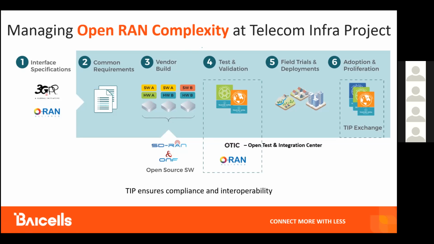The TIP organization sees the ORAN life cycle in 6 phases. The first phase is the interface specification, which is the focus of the 3GPP standards body and the ORAN Alliance. And the second phase would be to create common requirements for the profiles of Open RAN services.